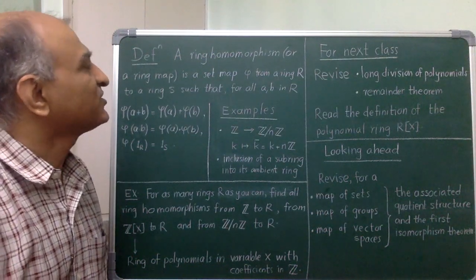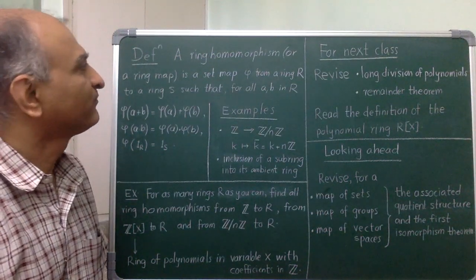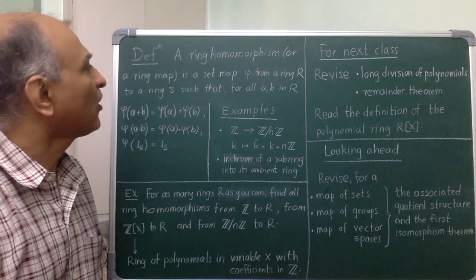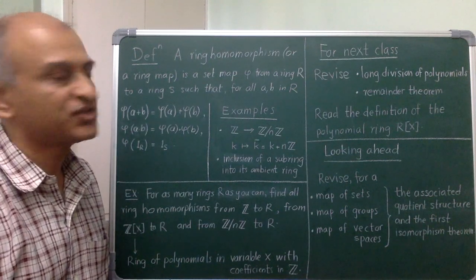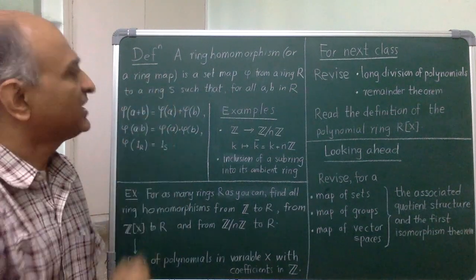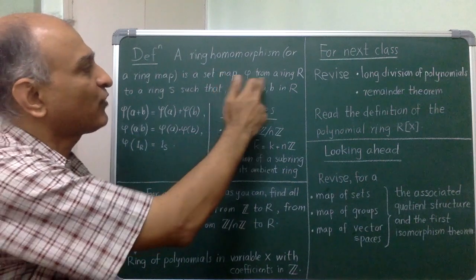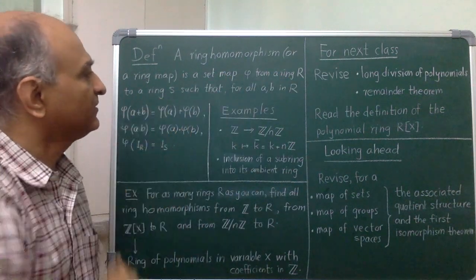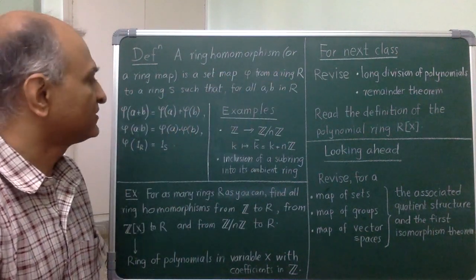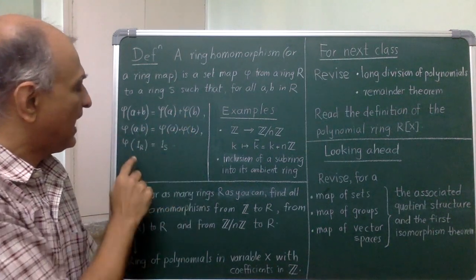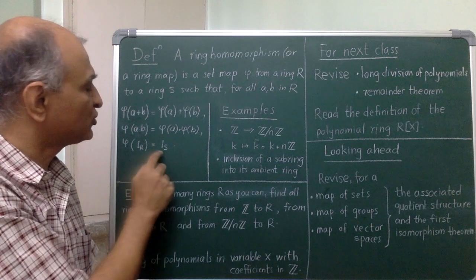So the last definition is the most important one, and we define ring homomorphism, which I will often call a map of rings or just a ring map, as follows. You define a function from a source ring to a target ring to be a ring homomorphism if it preserves addition, multiplication, and sends 1 in the source to 1 in the target.